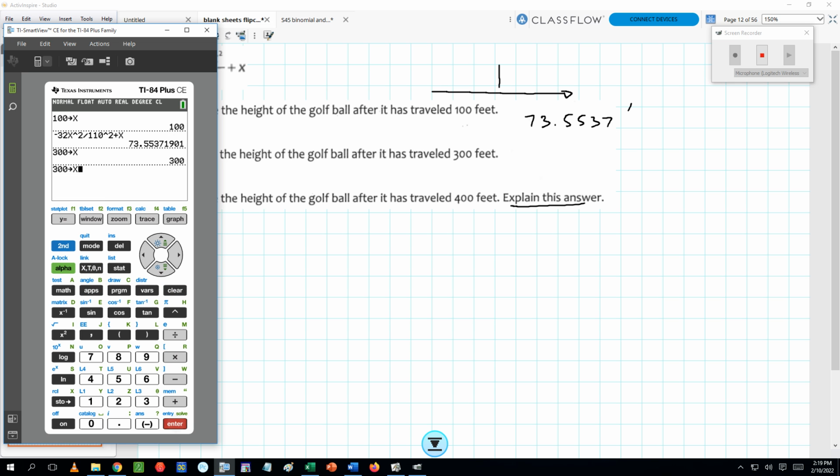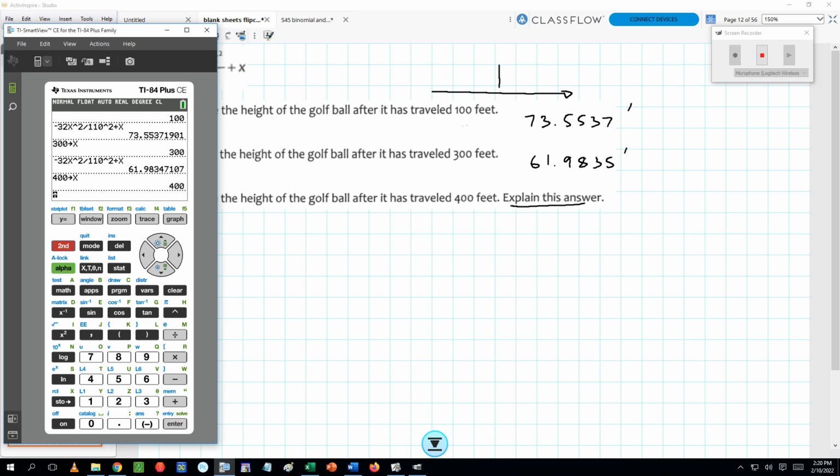Second enter, bring back that expression. This time it'll put a 300 in place. 400 store for the x. Second enter.